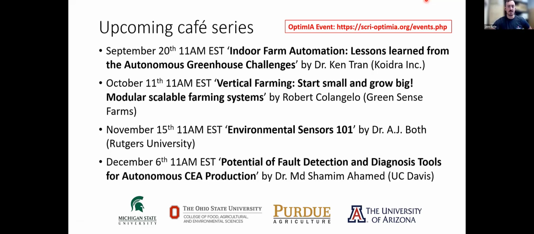Then in November, we'll hear from AJ Both about environmental sensors 101. And then in December, we'll hear from Dr. Shamim Ahmad of UC Davis about potential of fault detection and diagnosis tools for autonomous CEA production.